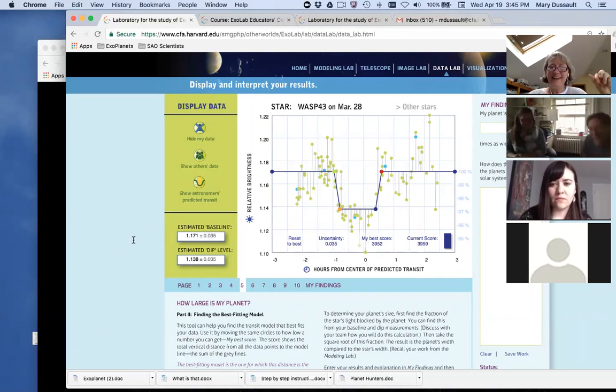I wanted to jump in about something else, but while we're on this, there are different ways to calculate the error. There's no unique way to calculate the best fit of a curve.